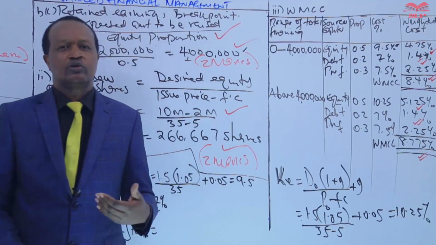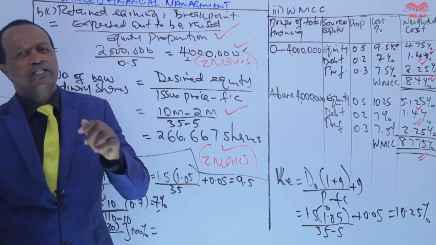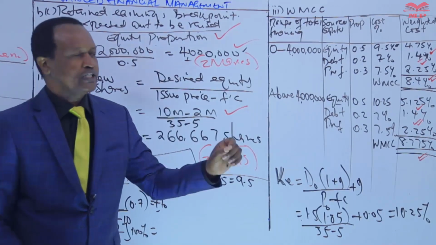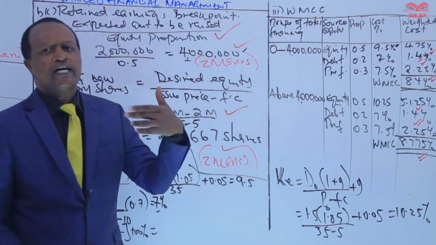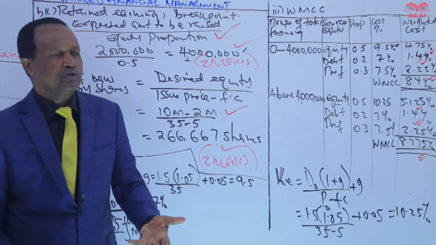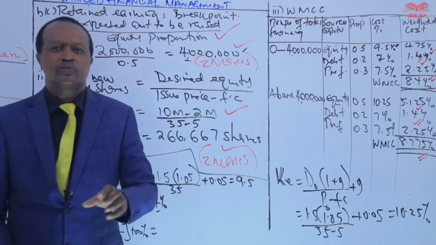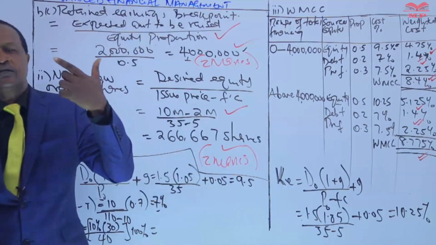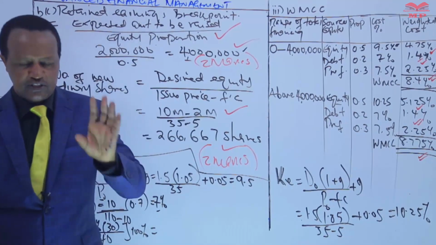And you recall we say that issuing new stocks often comes with additional costs like flotation costs, underwriting costs, and that can dilute the value of existing shares. It may also drive up the company's weighted average cost of capital.